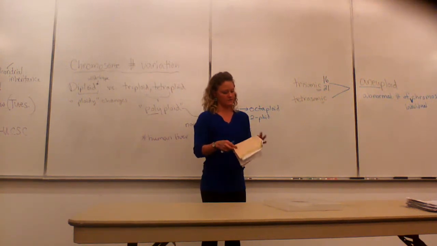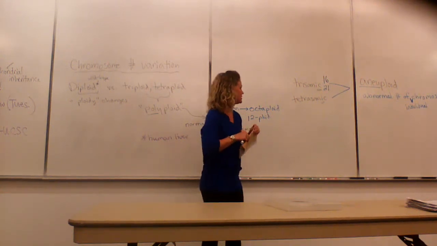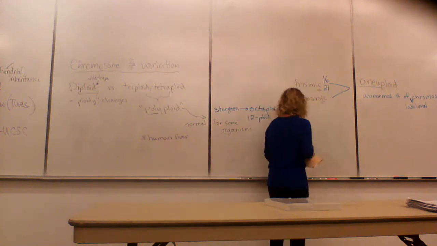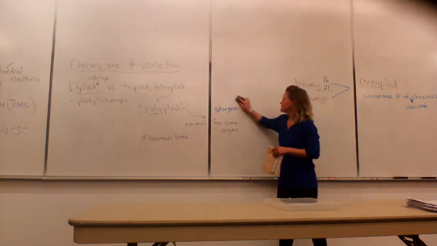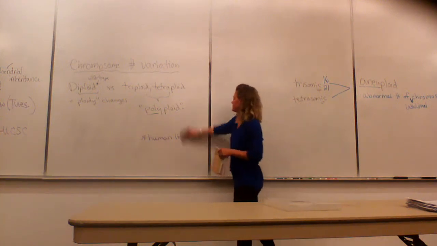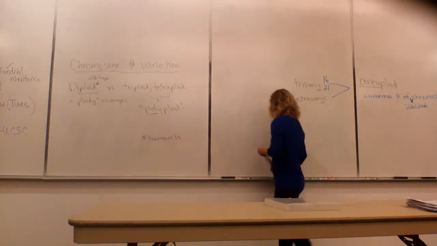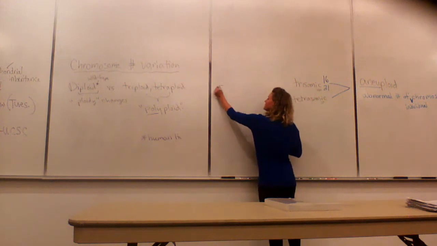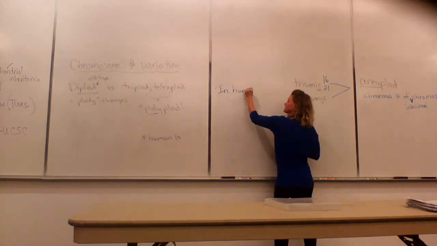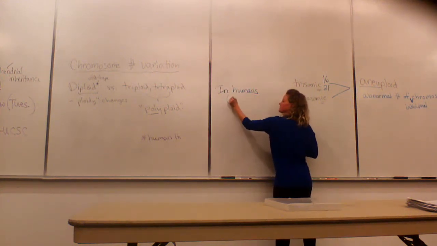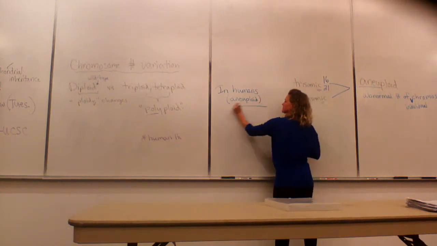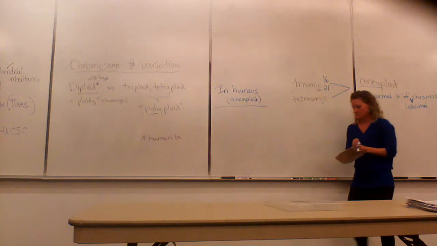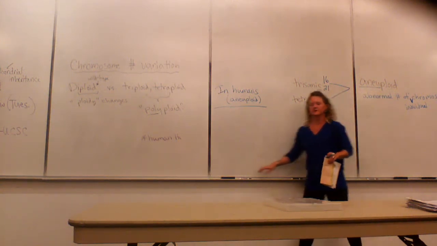Okay. We tend to see in humans, other than the aneuploid 21, what's the other aneuploidy that we see?